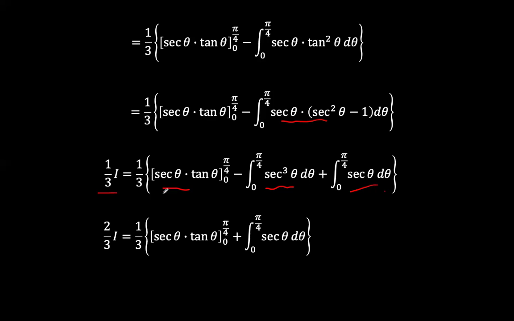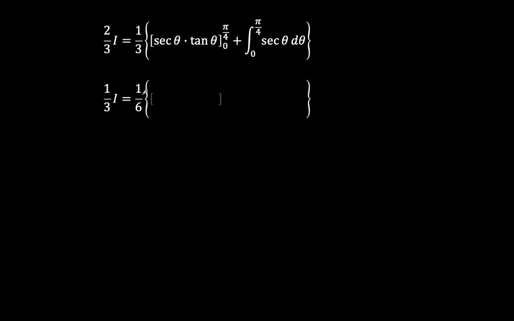But our integral of interest still has to be a third I. So we have to divide both sides by 2 so that our third I is 1 over 6 times this part here, which has already been integrated with the limits as shown there, times the integral of sec theta from theta equals 0 to theta equals pi over 4.